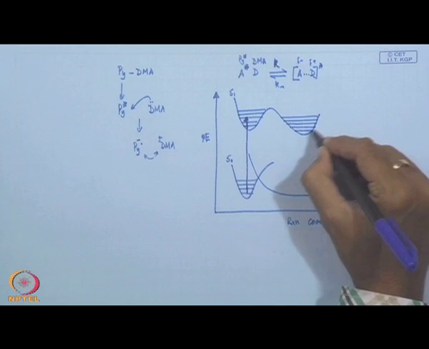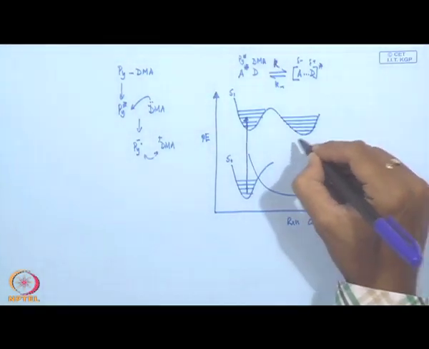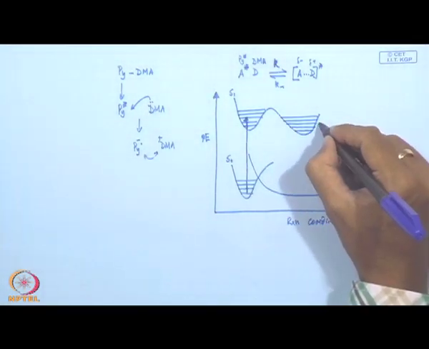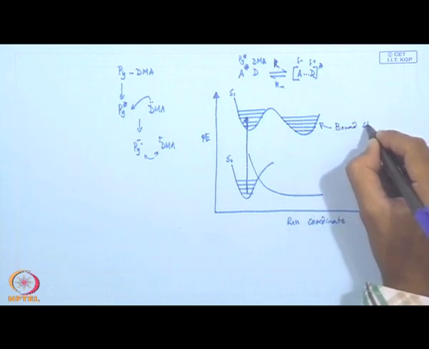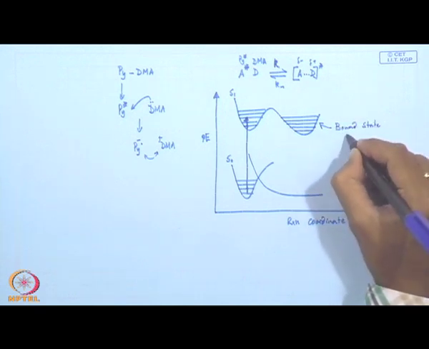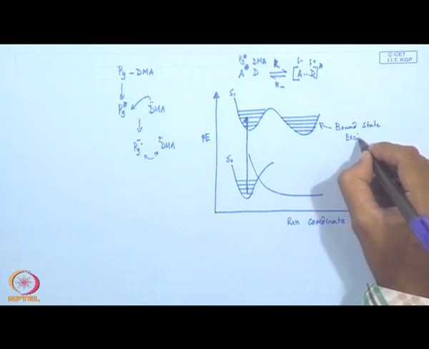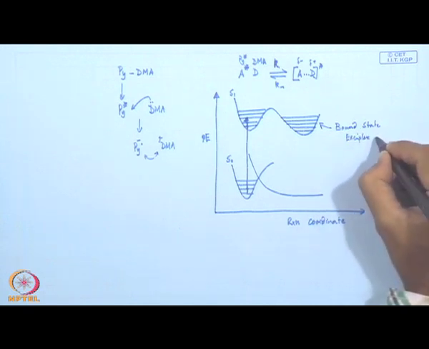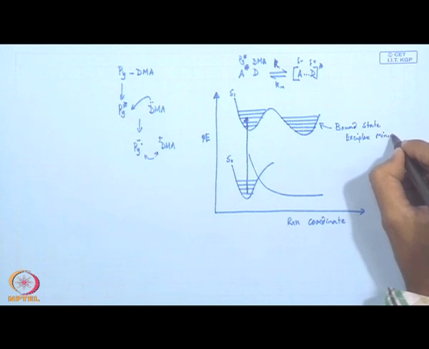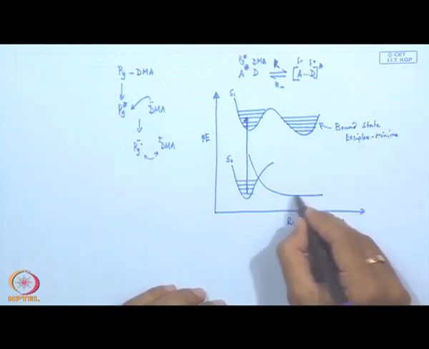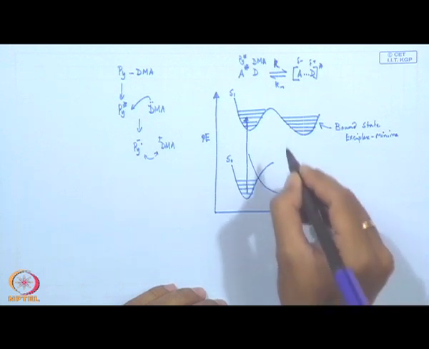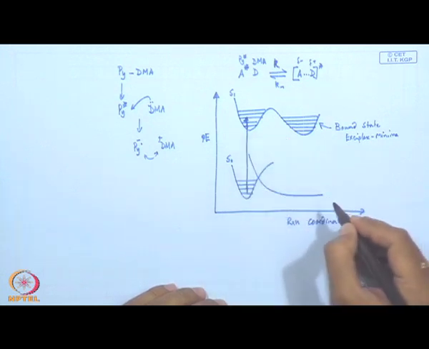This is your exciplex. This particular surface is for your exciplex. So this is a bound state, called your exciplex state, having a minima, and your ground state is repulsive.